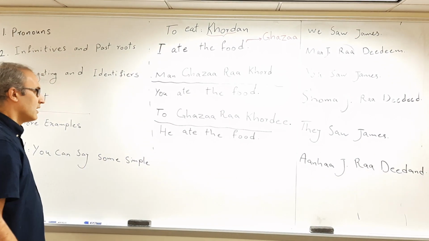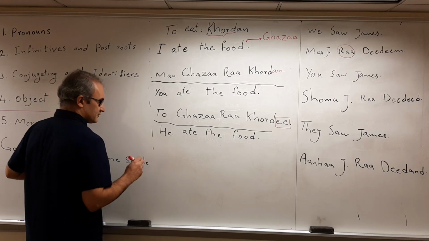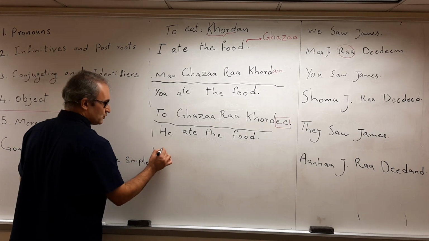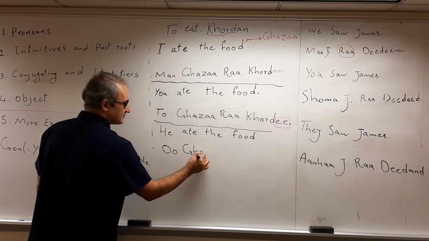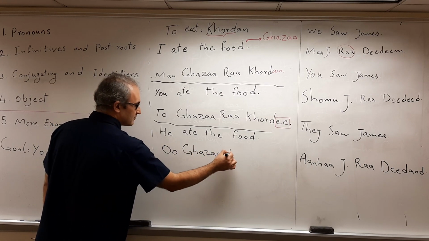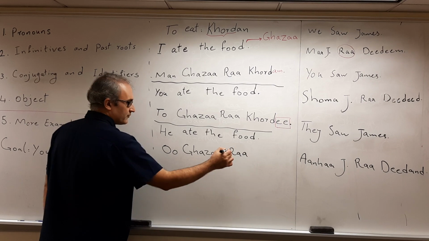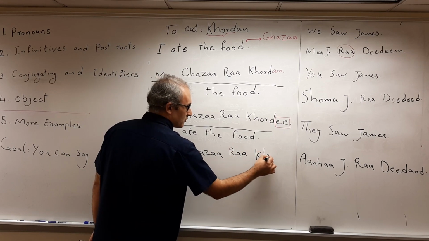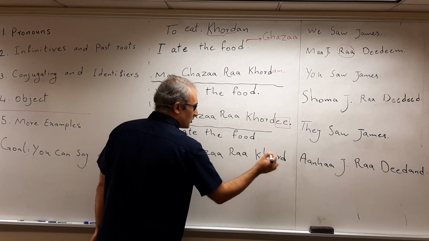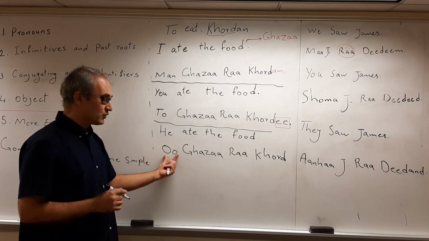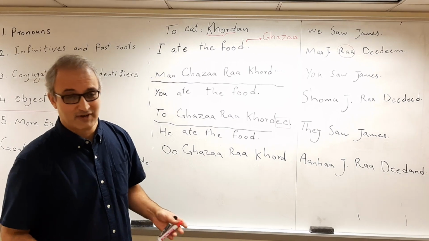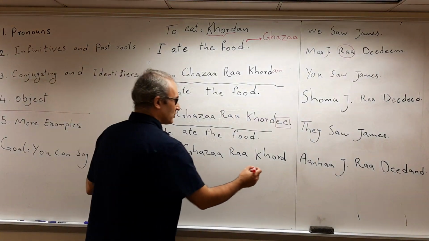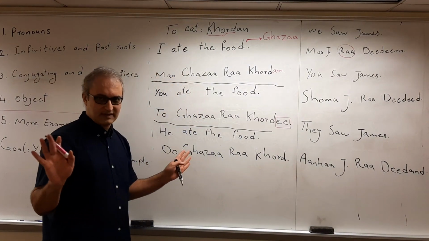Okay, let's go. He ate the food. او he is او غذا را خورد. What's the identifier for he or she? او. What's the identifier? There is no identifier here for he or she. او غذا را خورد. That's it.